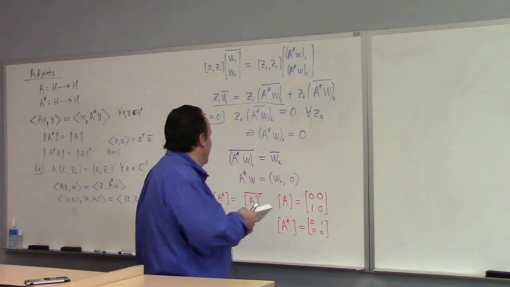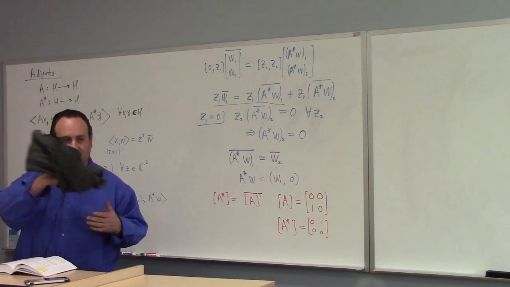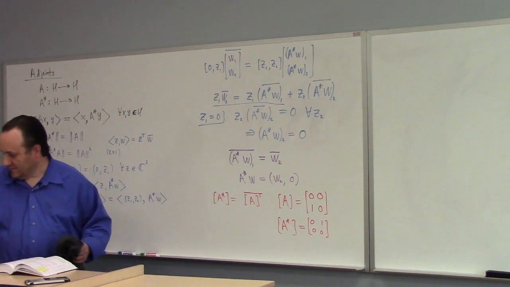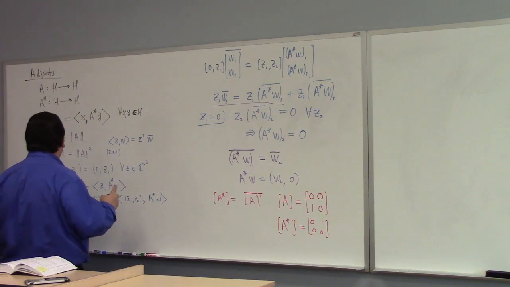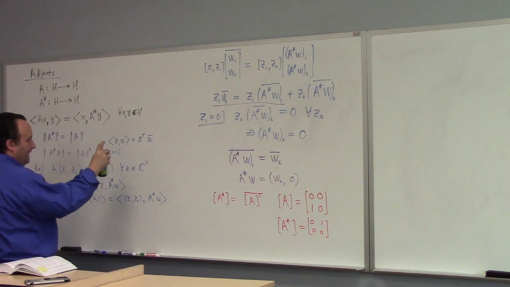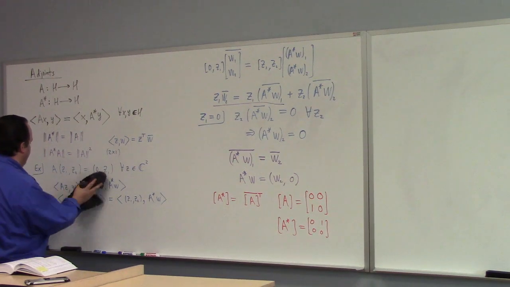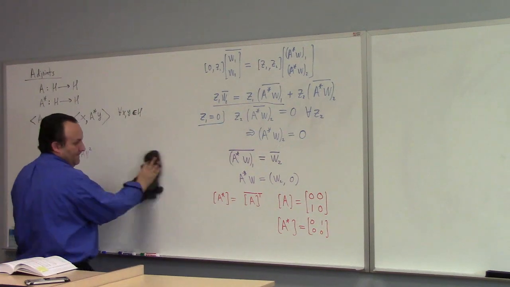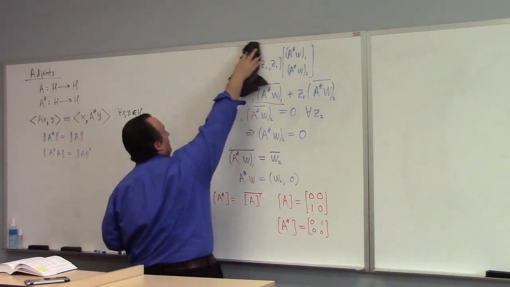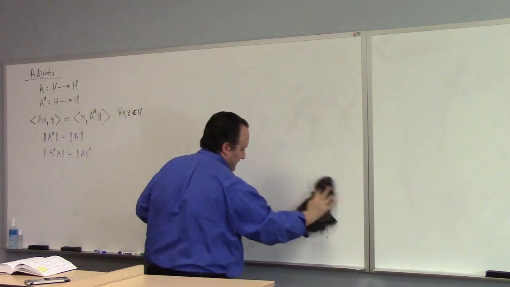Definition. Actually, if I don't mind, I'm going to erase all this because this will not be really of interest going forward in this lecture. So what does it mean for it to be self-adjoint? Self-adjoint means that it is equal to its adjoint.